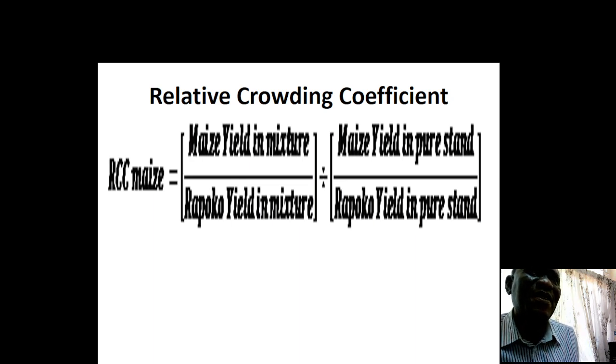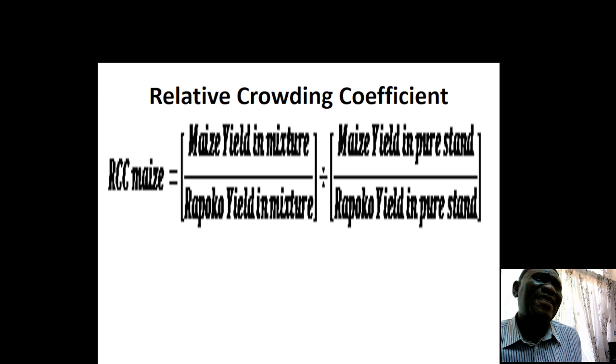Maize yield in a mixture divided by rapoko yield in a mixture, we put that in brackets, divided by what is in the brackets on the right, which is maize yield in a pure state divided by rapoko yield in a pure state.